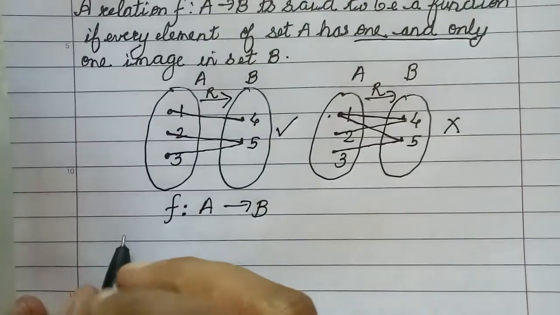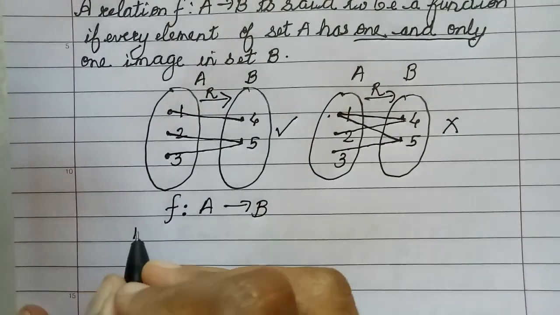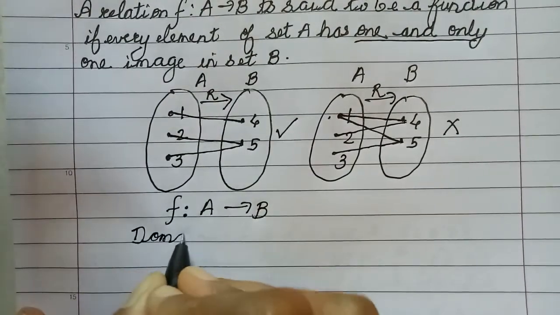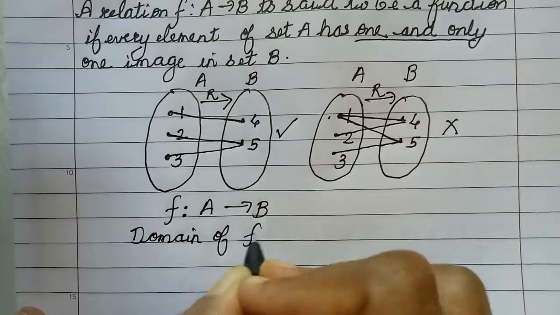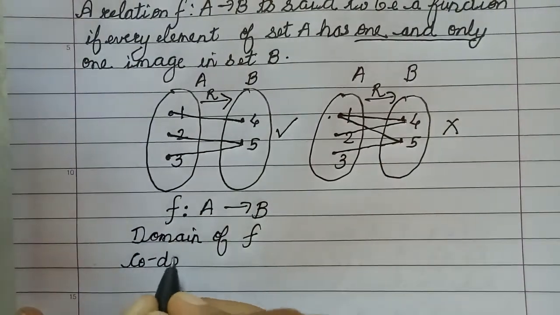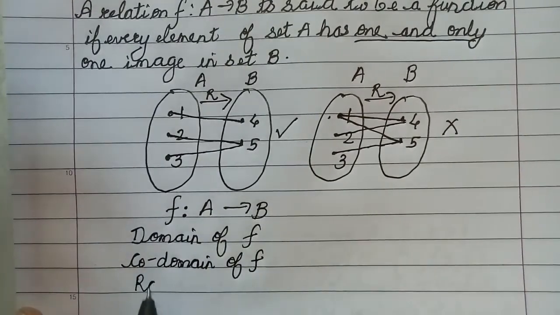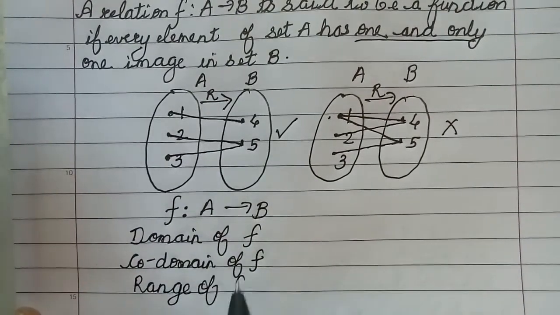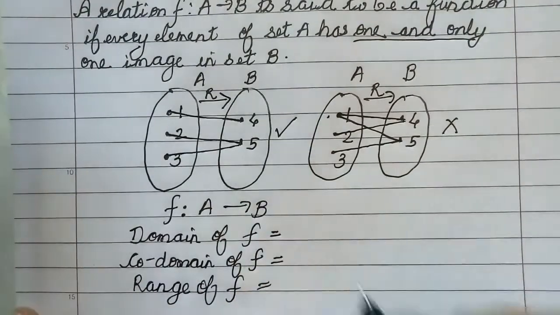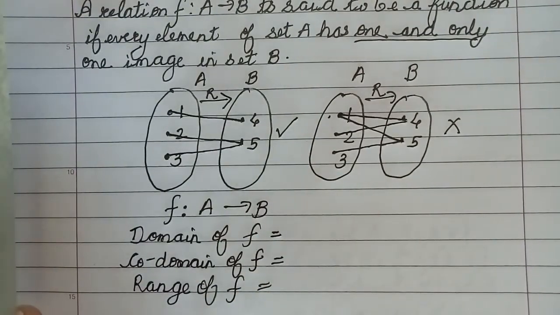Okay, now we are going to define three terms. One is the domain of your function, codomain of your function, and the third one is range of your function. Now children, basically specific relations are functions, right?